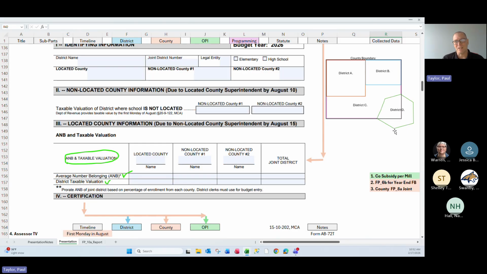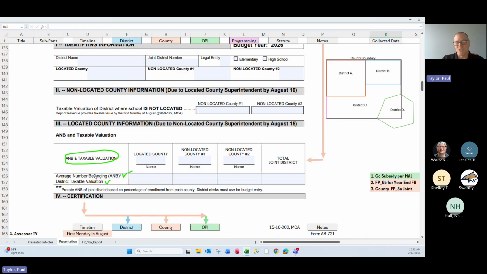The district itself probably shouldn't be making the decision on behalf of the county, because it's the county's obligation to assure that they've made an agreement about this A and B. Now, the taxable value piece isn't quite as hard, because the taxable value portion is generally figured out by Department of Revenue staff, and they will split the jurisdictions so that there is a piece of District D in the one county and a piece in the other county.